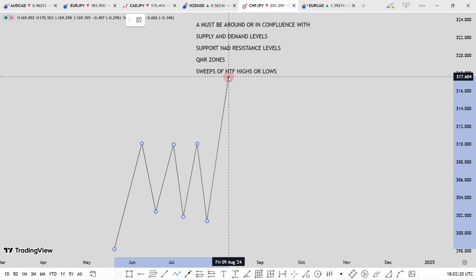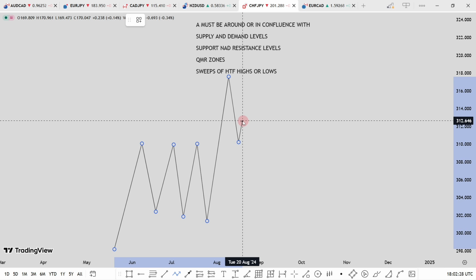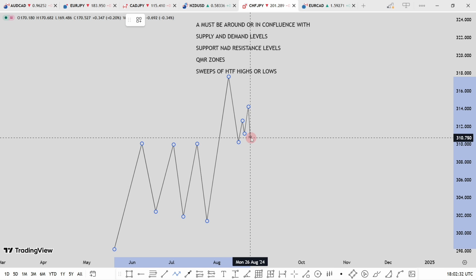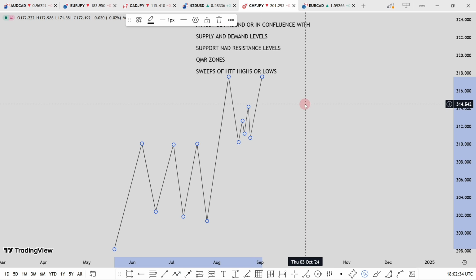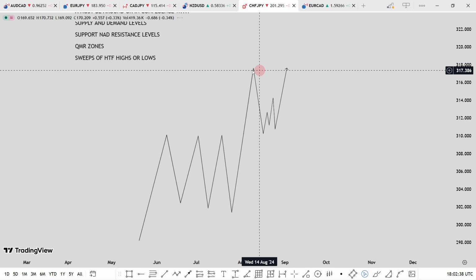So here price will come, it will test this resistive area, it will form a structural liquidity, it will come and take out the B level, and then it will continue with the trend.